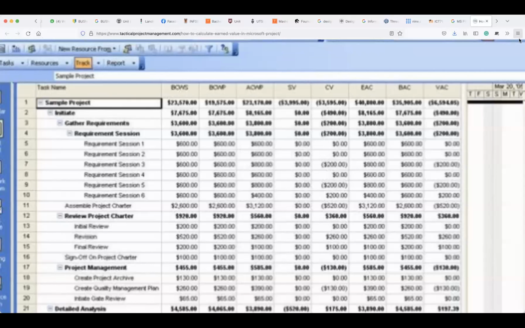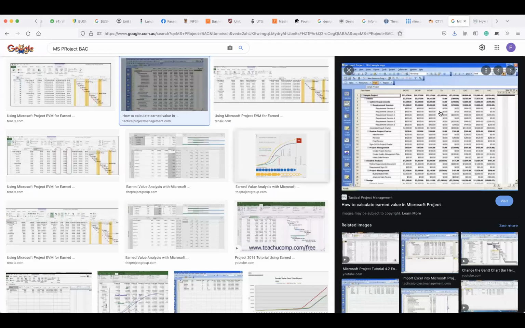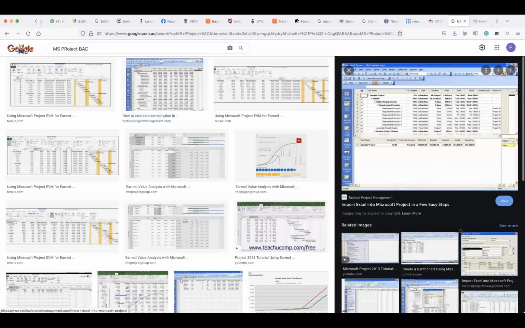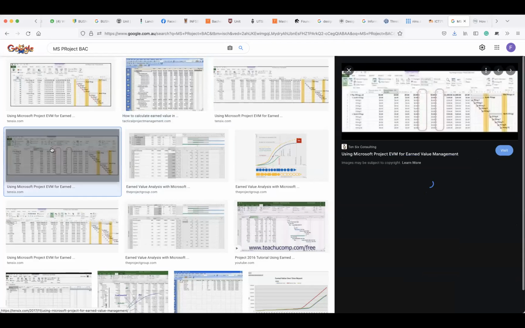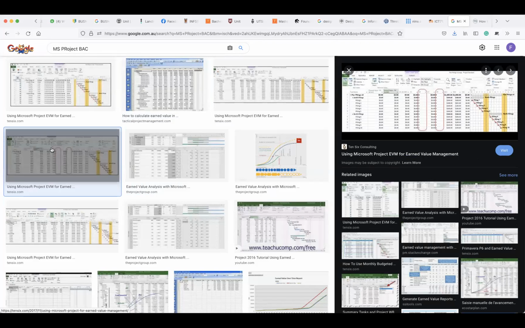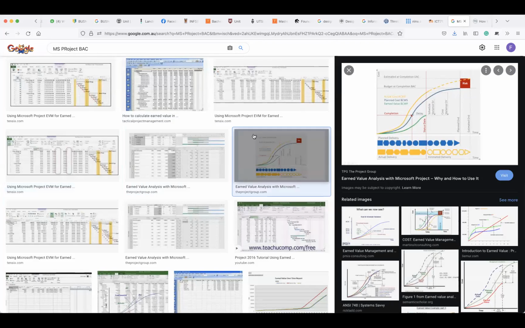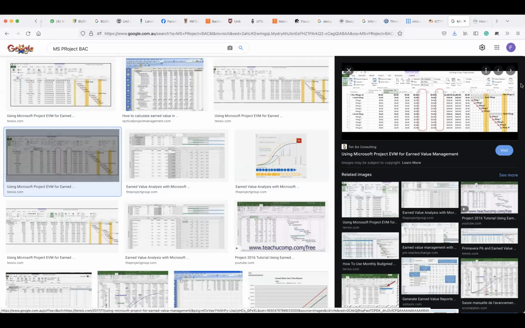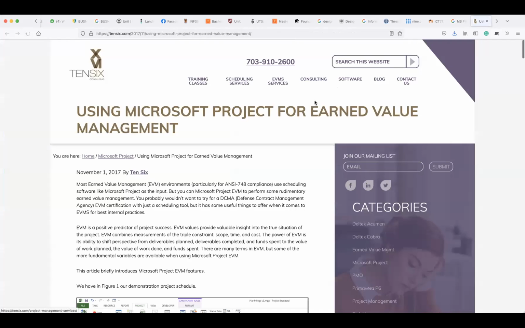All right, let me try to find another image, because that was actually a good one, but let's get one that has all of these figures. All right, this is a good one. I hope it's appearing well though.